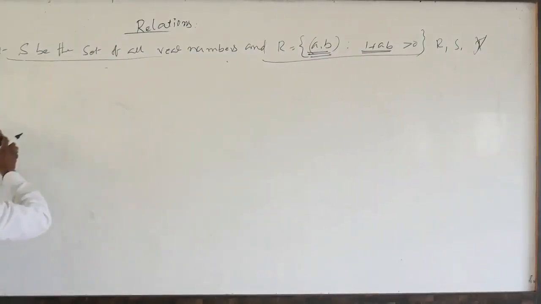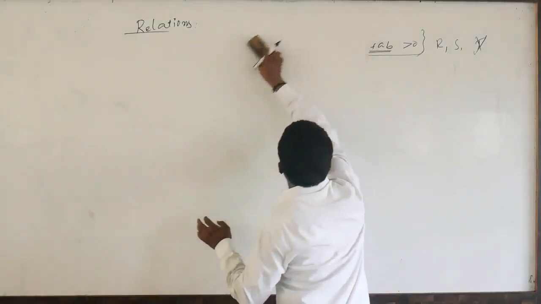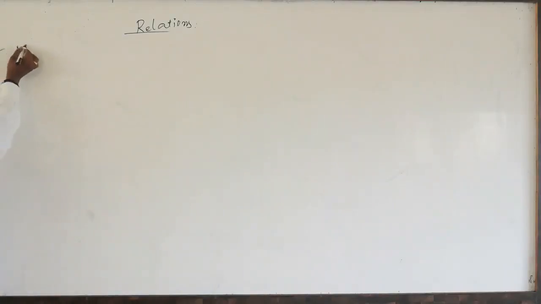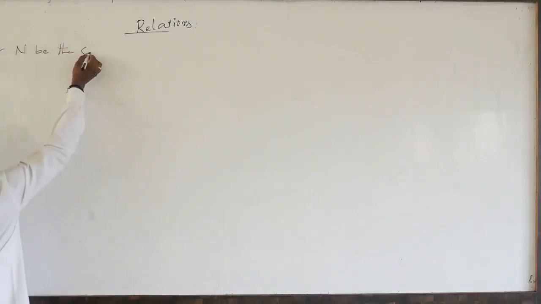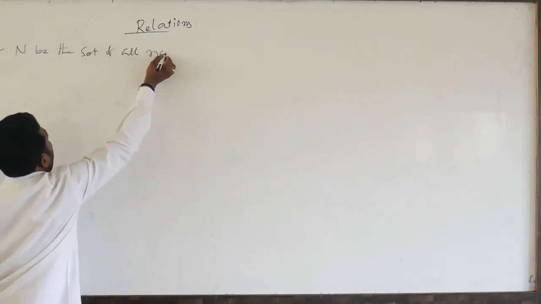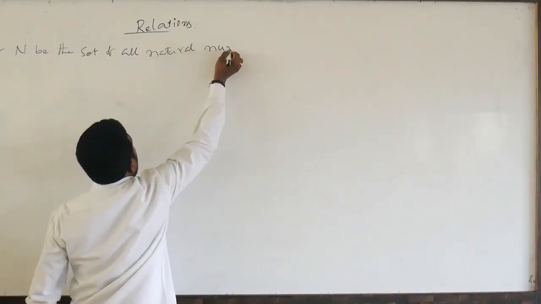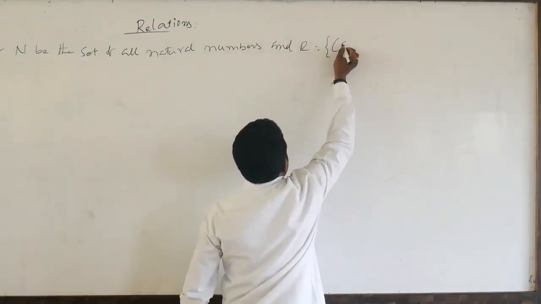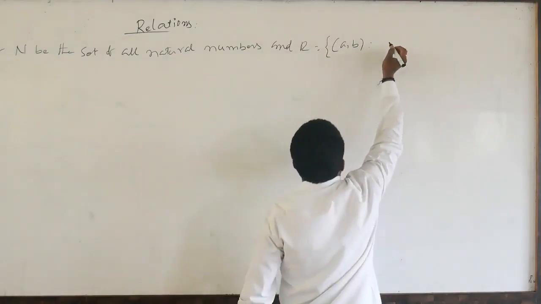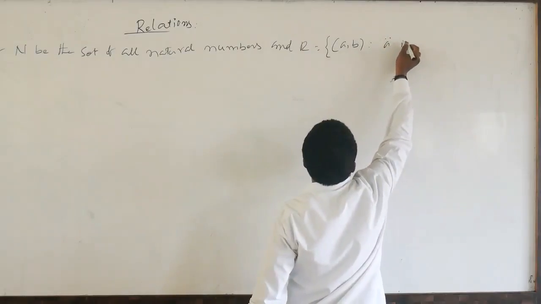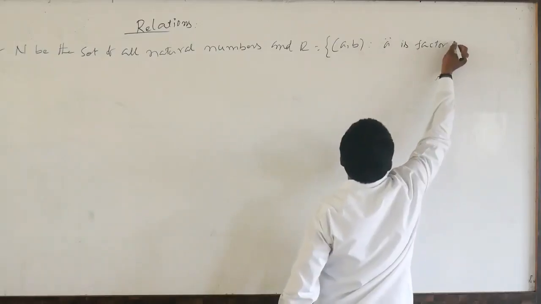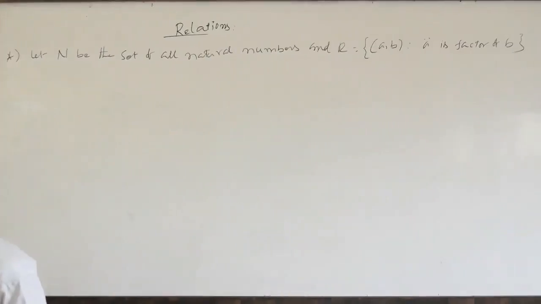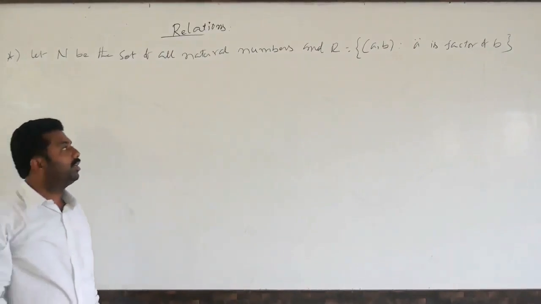Let N be the set of all natural numbers, and one relation they define, that is the set of ordered pairs A comma B such that A is a factor of B. We have to show that capital R is reflexive, transitive, but not symmetric.